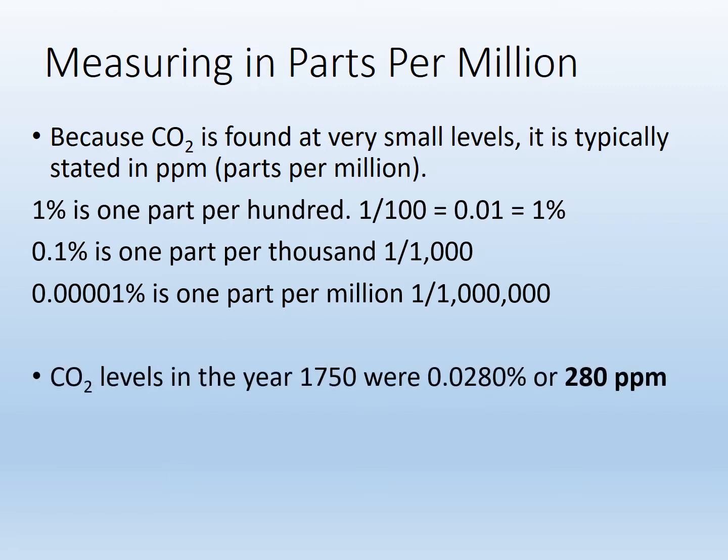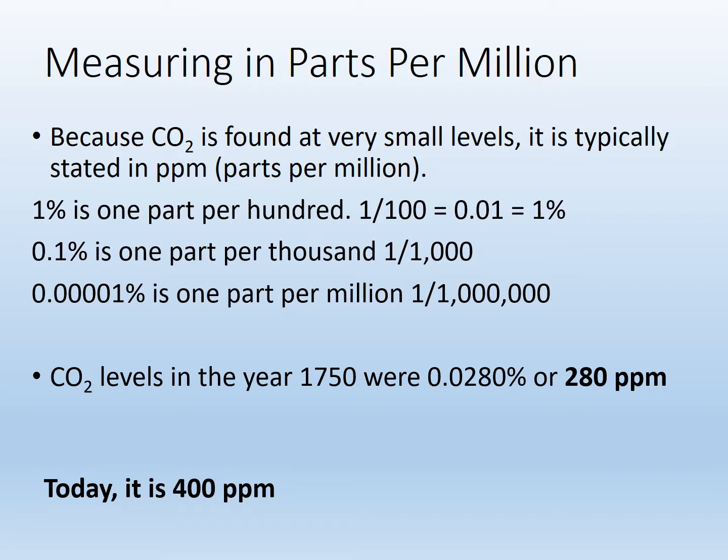In the year 1750, when we began measuring CO2 levels in our atmosphere, we measured it at 0.028%, or 280 parts per million. In fact, we now know through ice cores and other data that the Earth's atmosphere has not been above 280 parts per million for the last 800,000 years. However, if you look at CO2 levels today, we're measuring it at 400 parts per million.